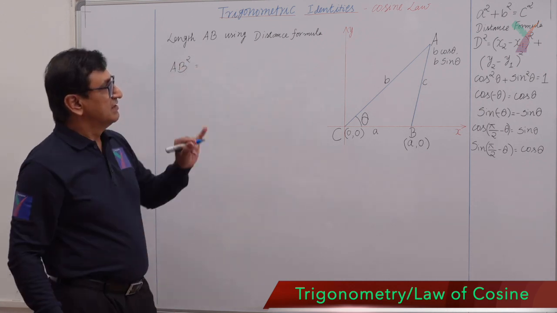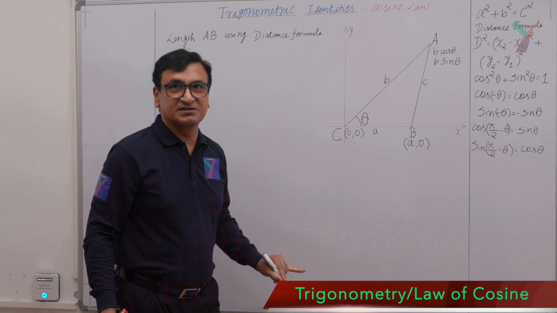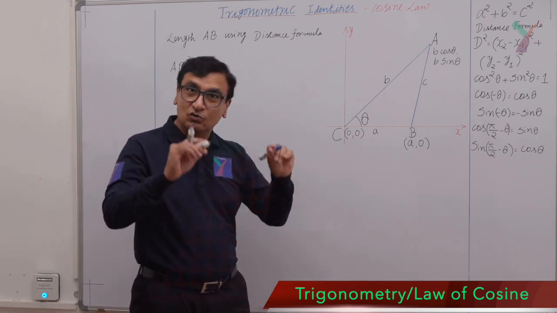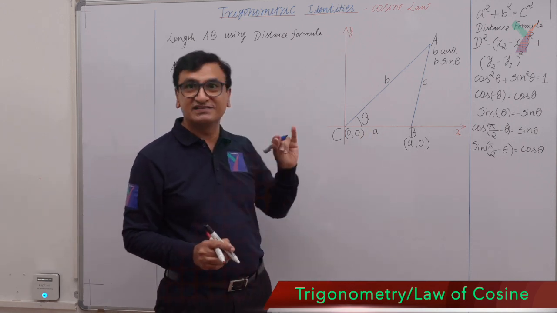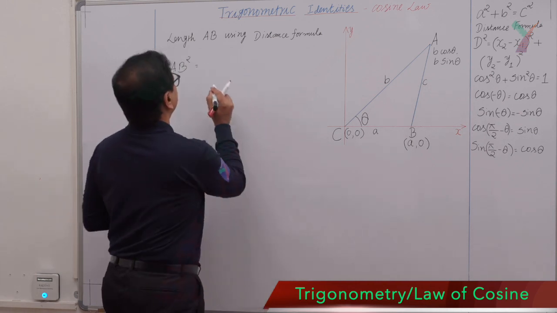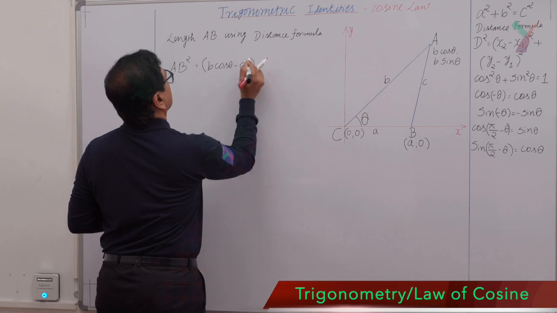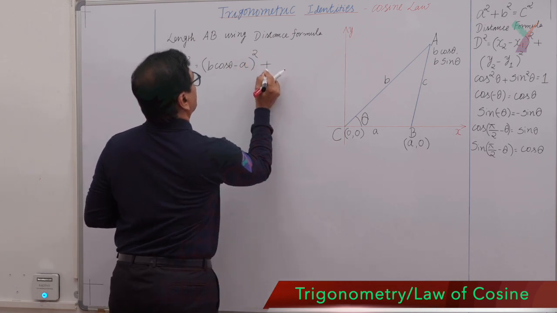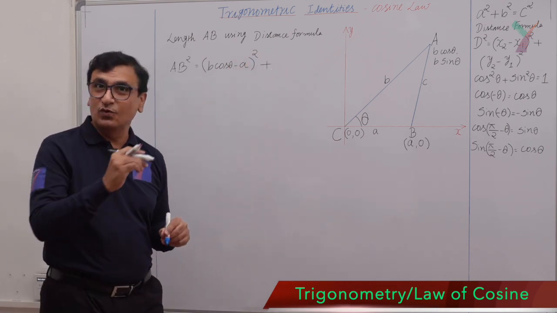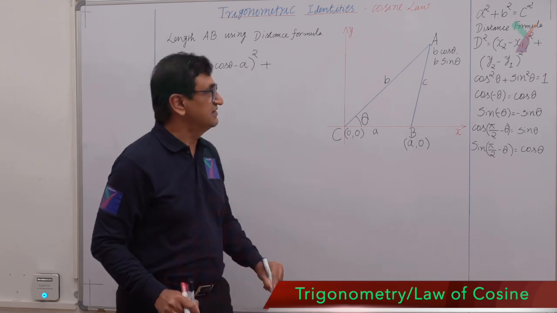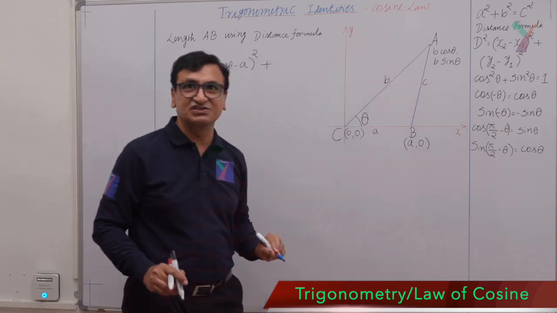equals (b cos theta minus a) whole square, that is the x2 minus x1 equivalent. Plus, now the y2 minus y1 equivalent, that is (b sin theta minus 0) the whole square.